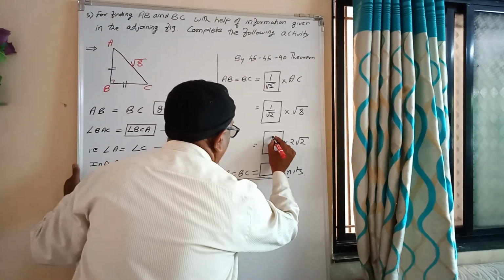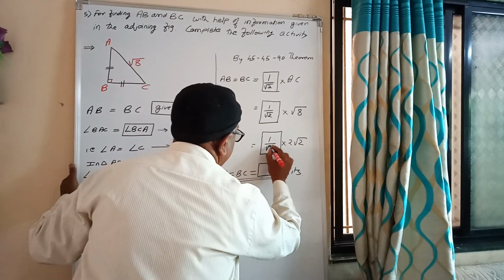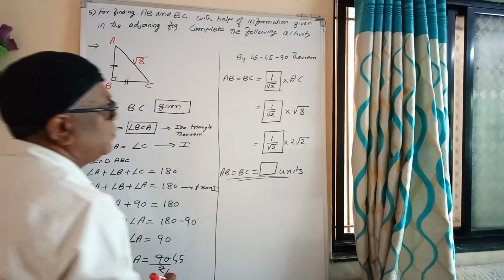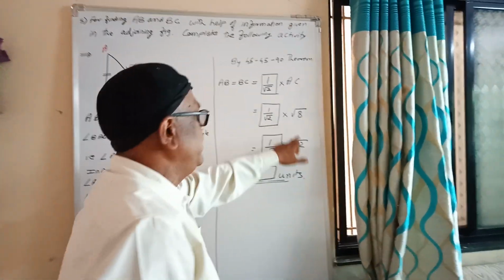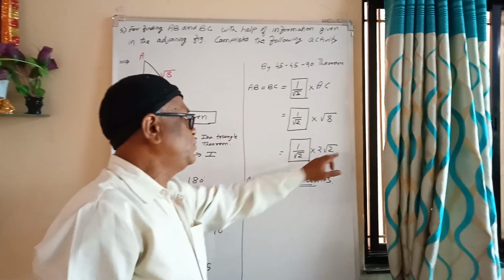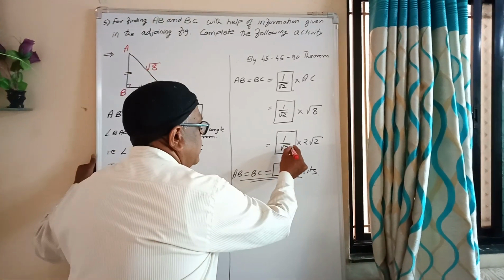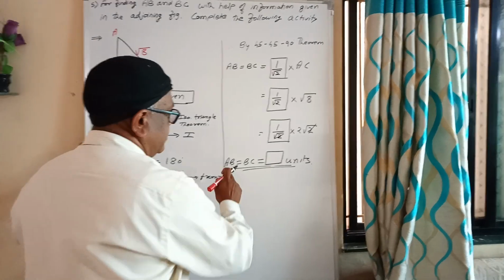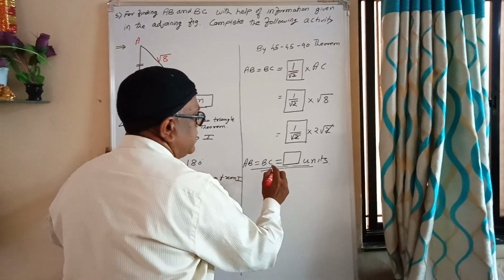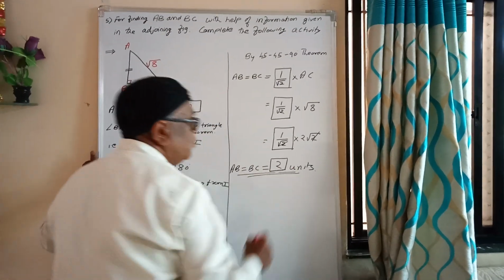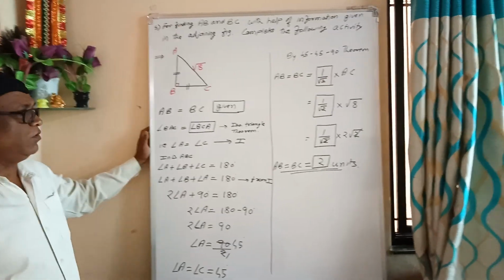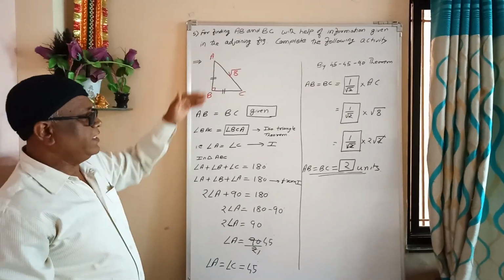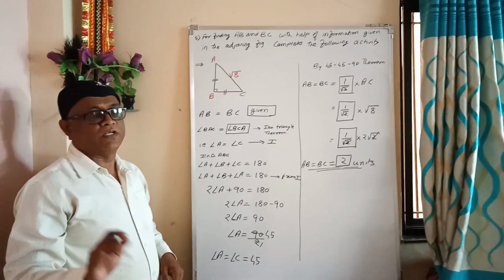This 1 upon root 2 once again as it is, into root 8, becomes 2 root 2. Now this root 2 and this root 2 are cancelled. Therefore AB is equal to BC is equal to 2 units. Here we got the side AB and side BC, that is 2 units.